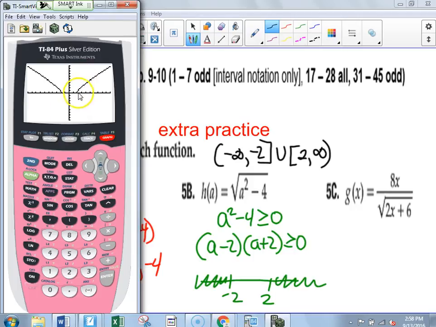The range would be 0 to infinity. Because when you square it, anything will become positive. So almost all the numbers work. But when you subtract 4, then you have to be careful that you're not falling below 0.